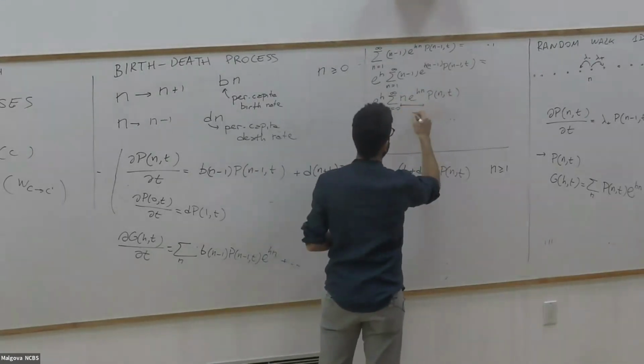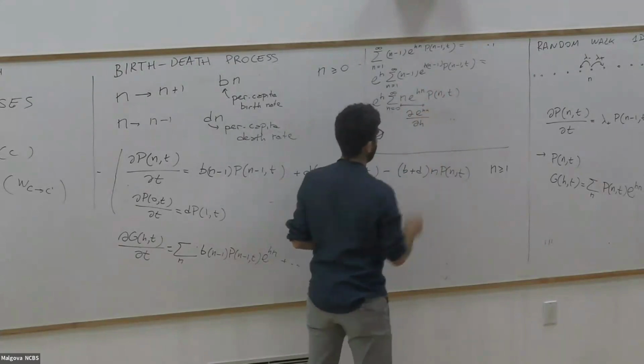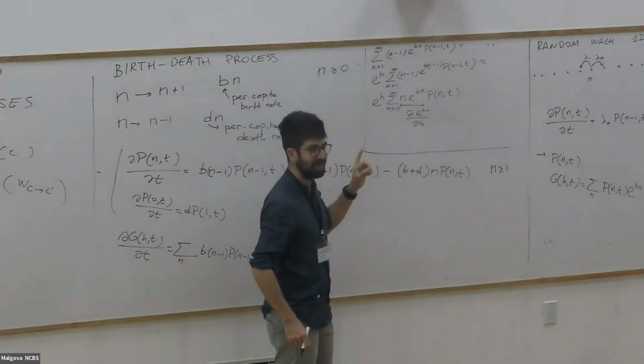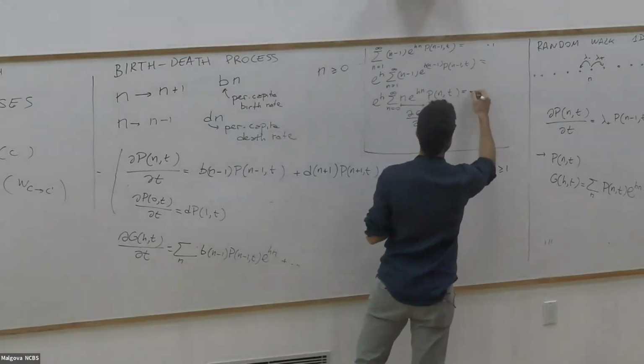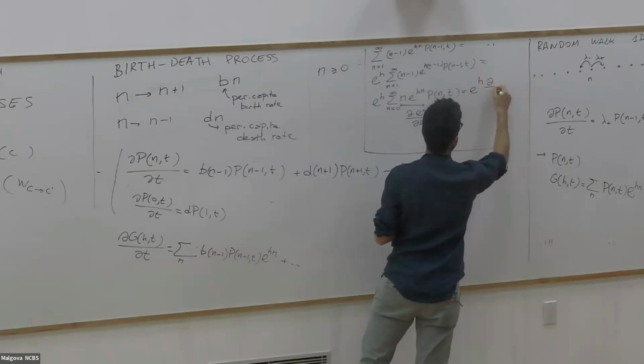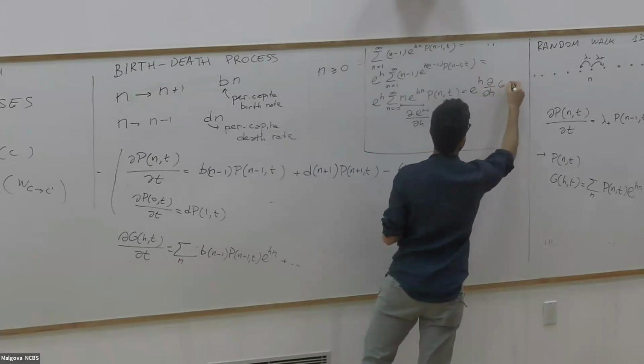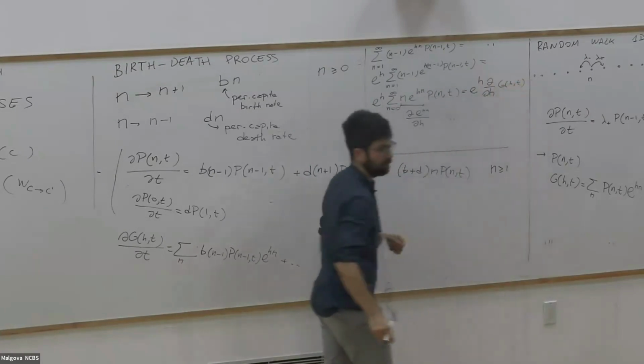So this term here is a derivative of e to the H n with respect to H. I just realized that H and N look the same letter from far because this is very small, but this is e to the H, the derivative with respect to H, G of H T.